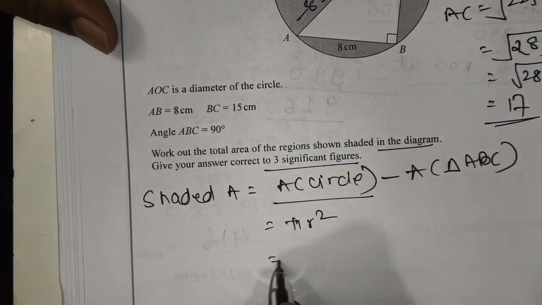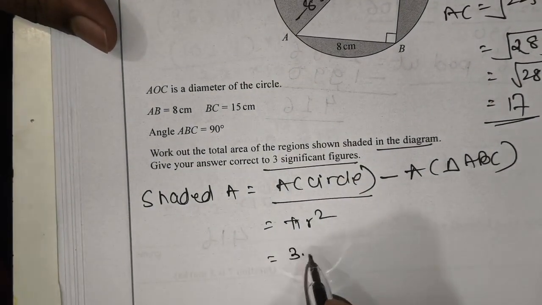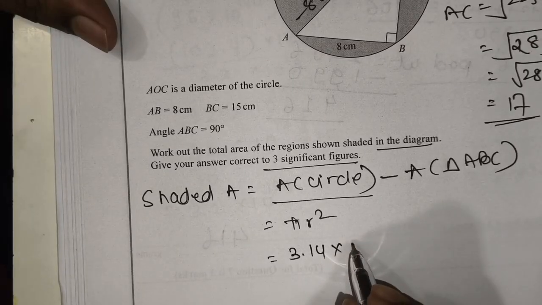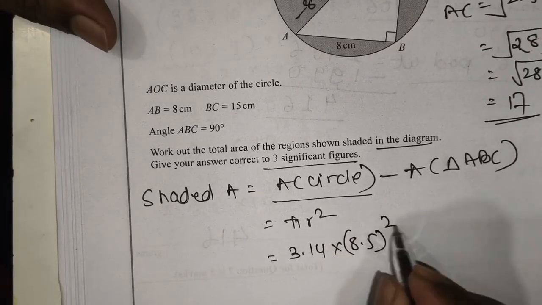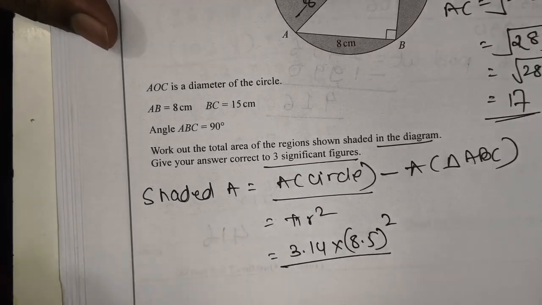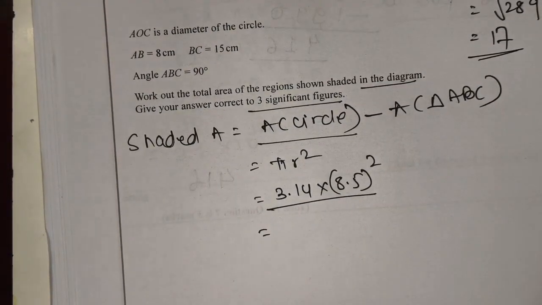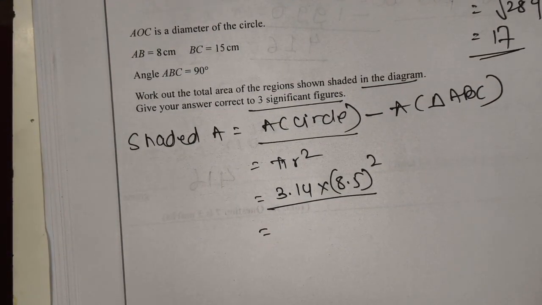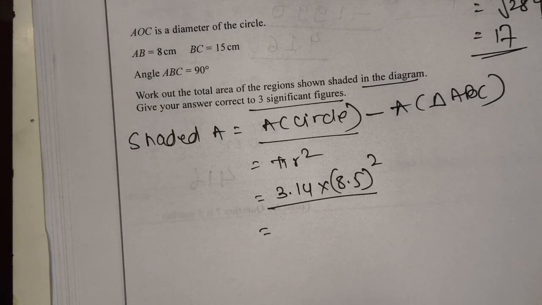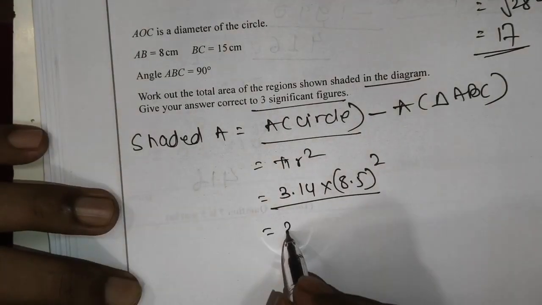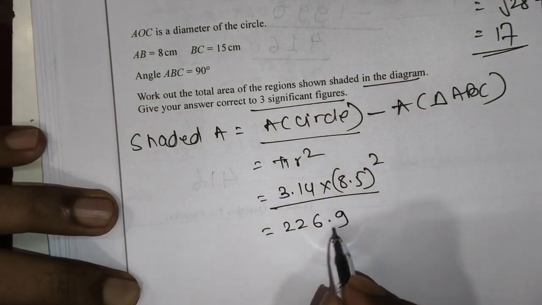Correct? What is the radius, my surface area, I mean the total area? 3.14 times 8.5 squared. Correct? Which is equal to 226.9.